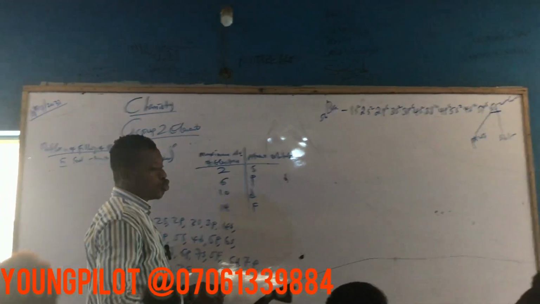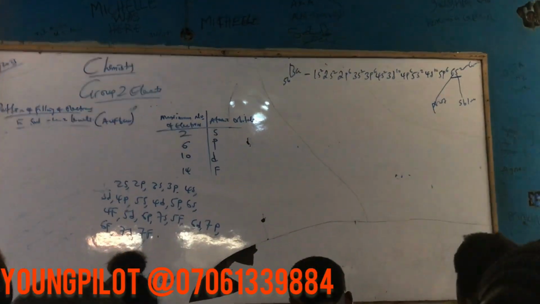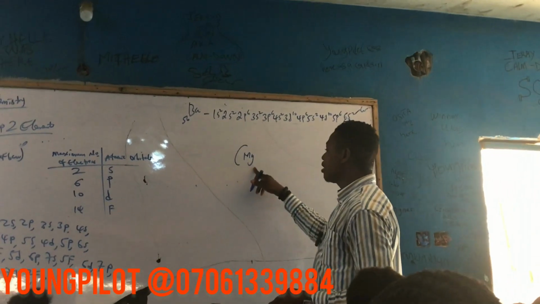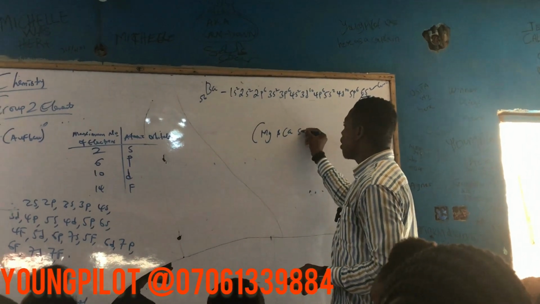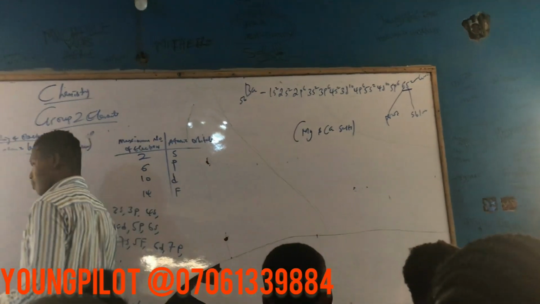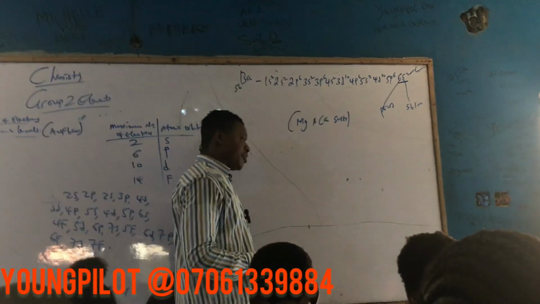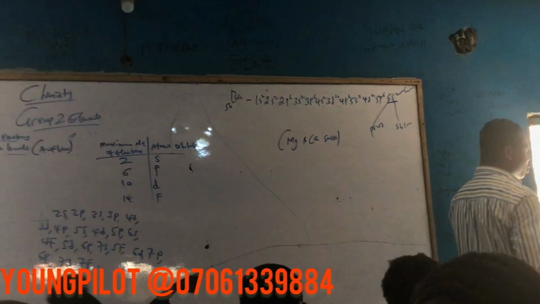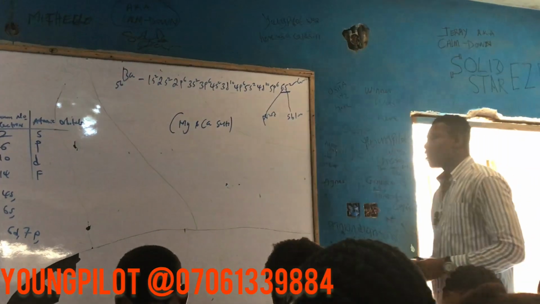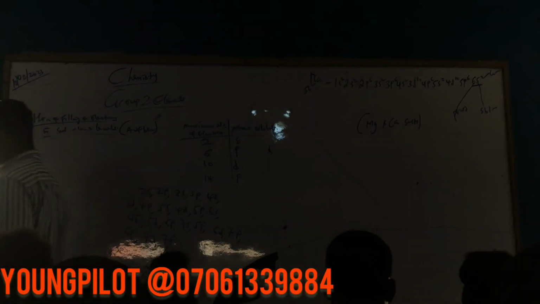The salts of group 2 elements. Open the bracket: magnesium and calcium salts cause hardness in water.